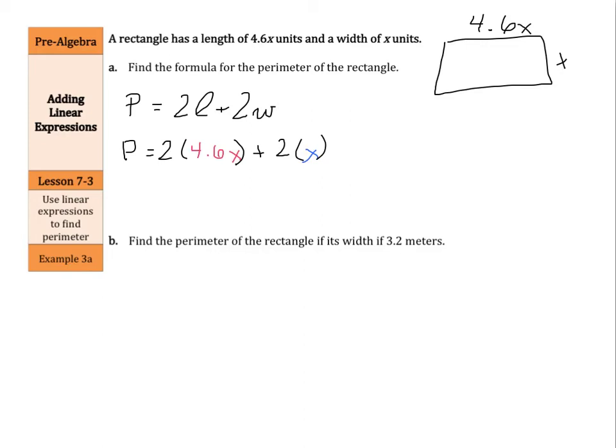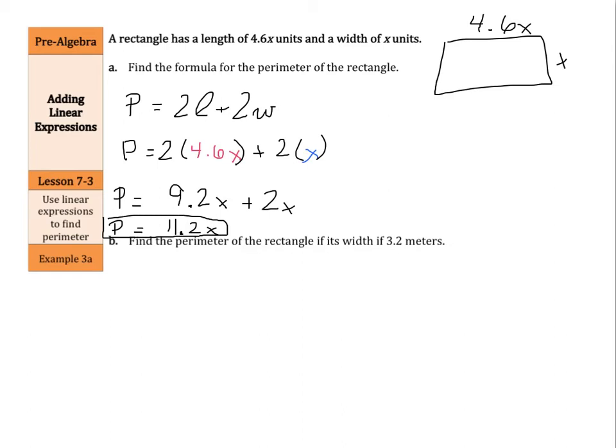Now we need to simplify this, so P is going to equal, we can multiply 2 times 4 6/10, which is 9 2/10, so we can write that as 9 2/10 x plus 2x. And now we can combine the 9 2/10 x plus 2x. So my perimeter is going to equal 11 2/10 x. So that's going to end up being my formula for finding the perimeter of that rectangle.